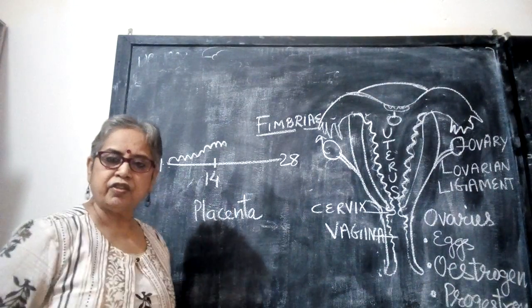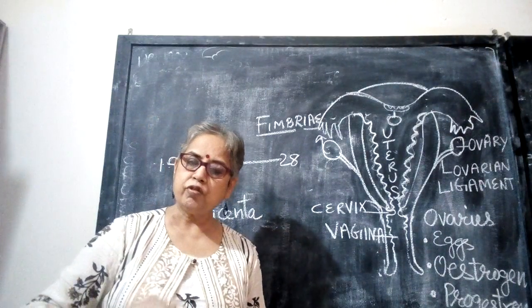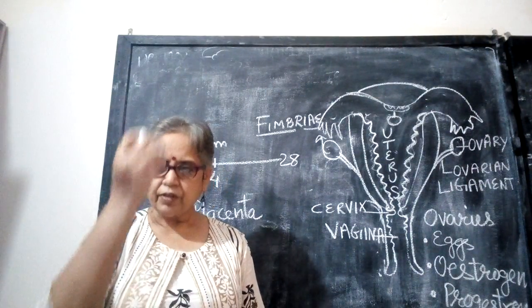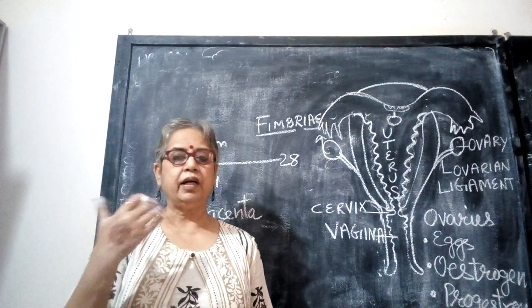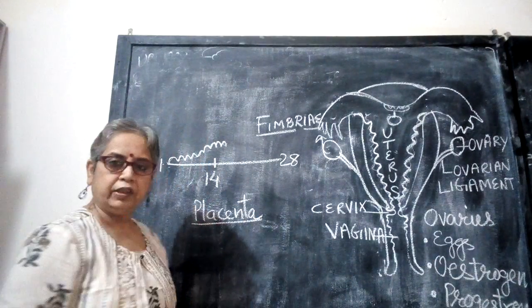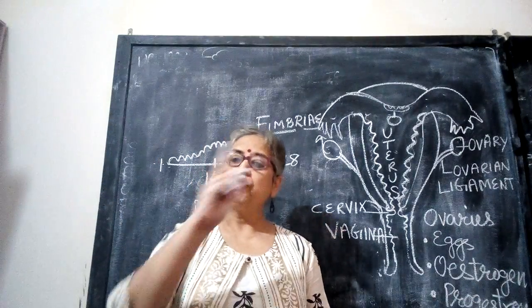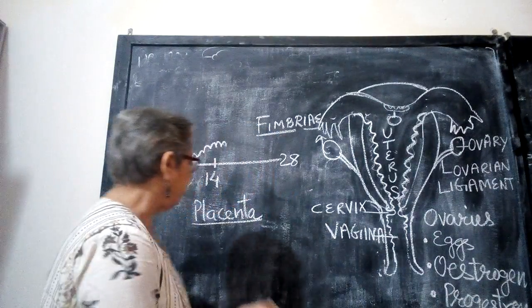It has a very rich supply of blood, right? It is connected to the mother as well as to the fetus, and the fetus is connected to the placenta with the help of the umbilical cord. So the placenta performs the function of providing food and oxygen from mother to the baby.